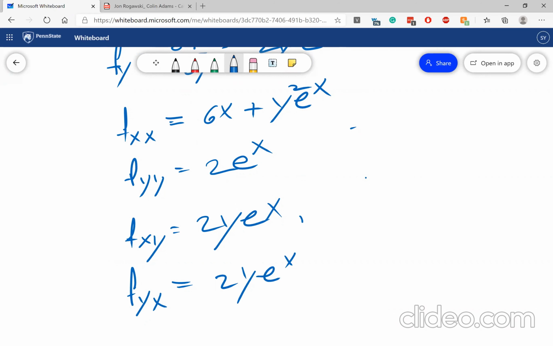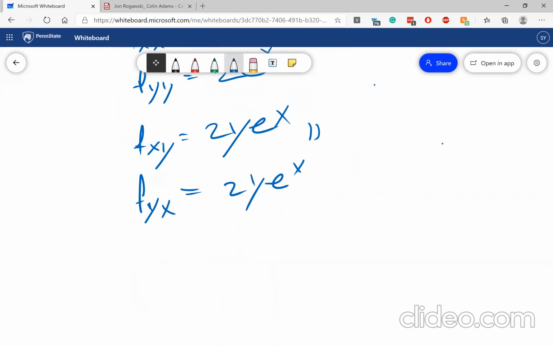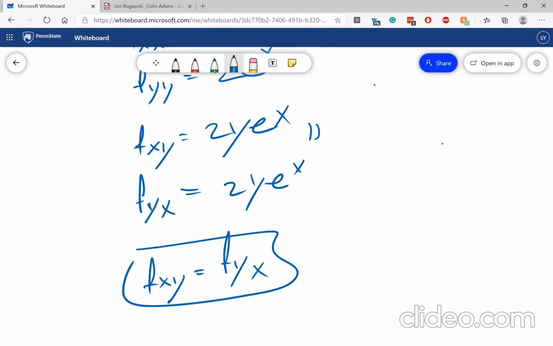And you can see that these are equal, and there is a theorem that says that, in most nice cases where things are continuous, so we'll see some of the assumptions, but these two are equal. f of xy is equal to f of yx. Any questions about this? Is it clear?